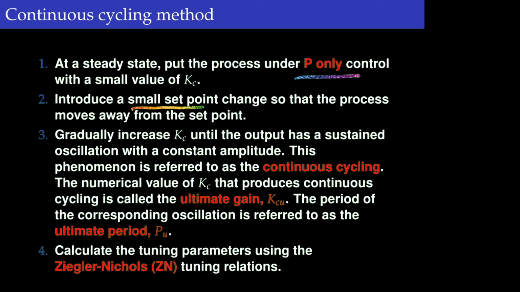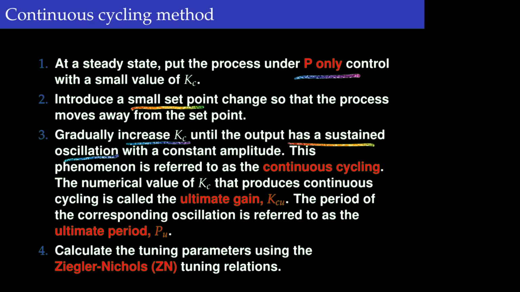Now, in this approach, gradually the Kc is increased until the output has a sustained oscillation. By sustained oscillation, we mean that the process does not have an unstable response, meaning the output is not increasing continuously. However, the output should oscillate at a constant amplitude.